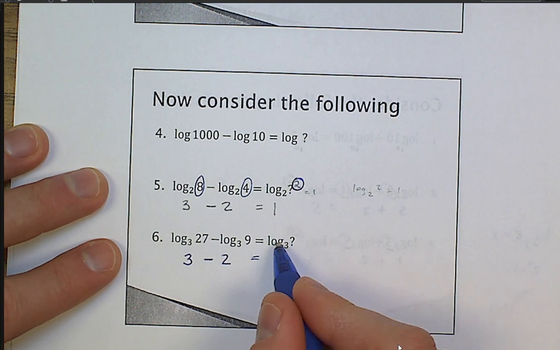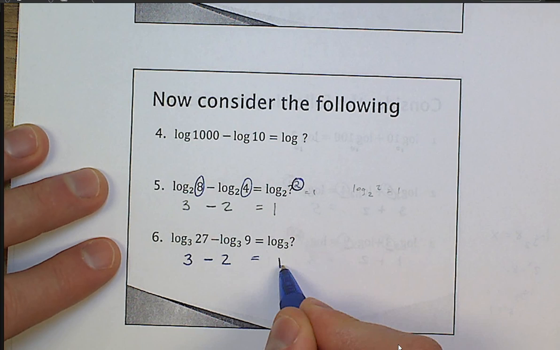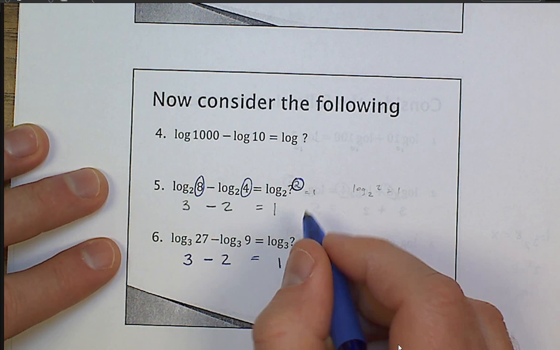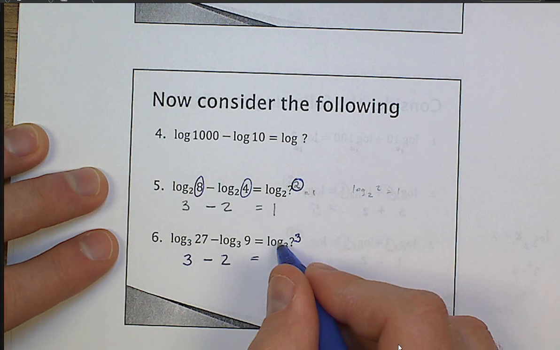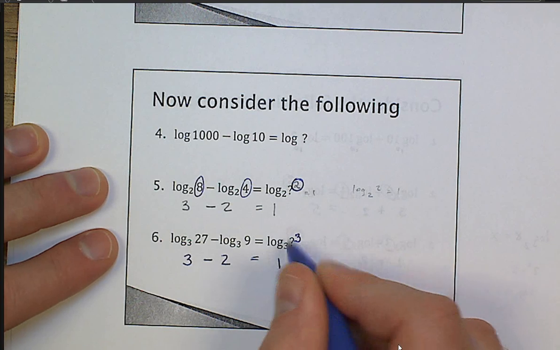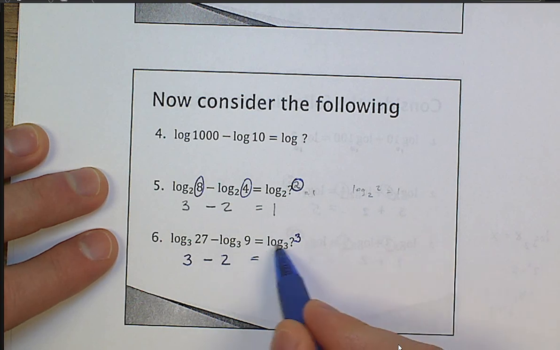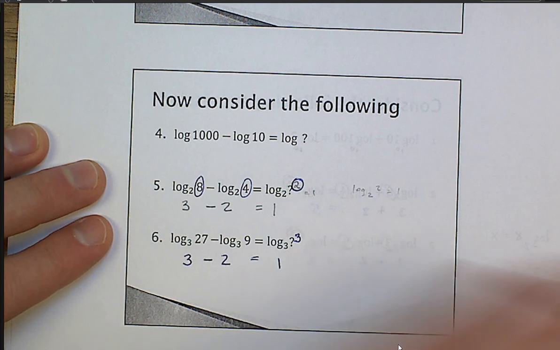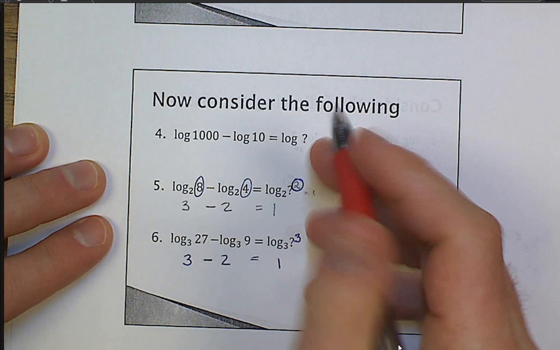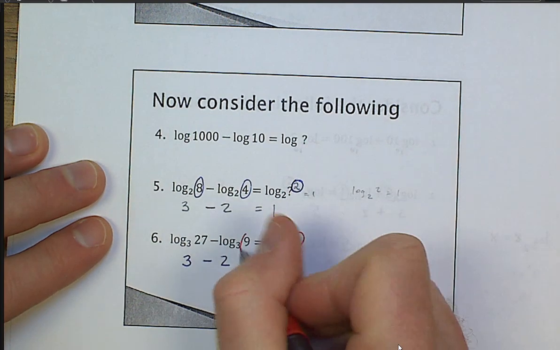What power on 3 is going to give us 3? Sorry, I said that wrong. What power on 3 gives us 3? 1.